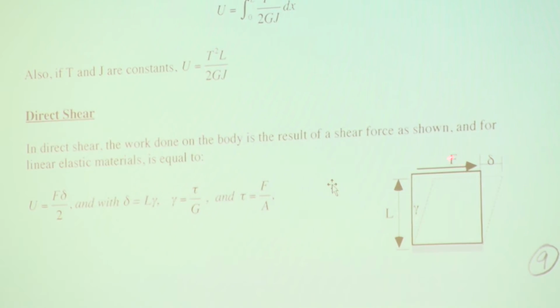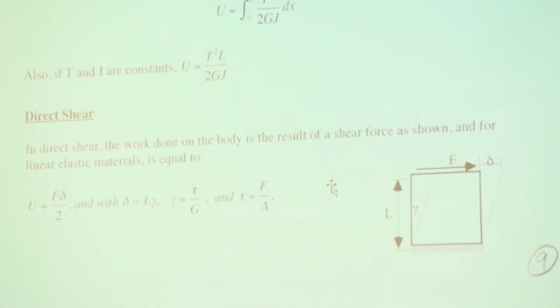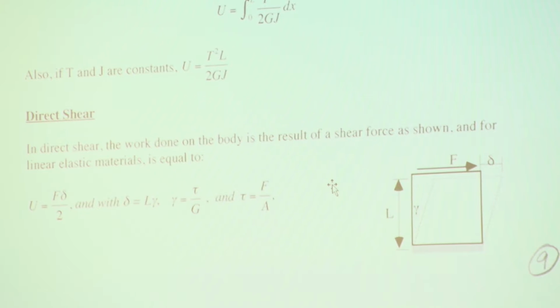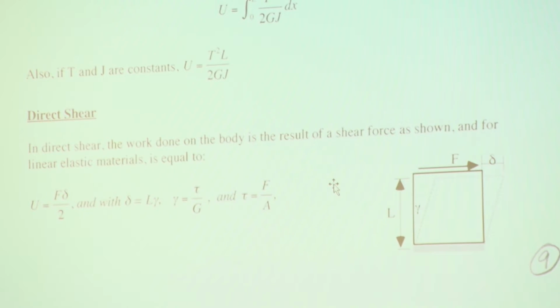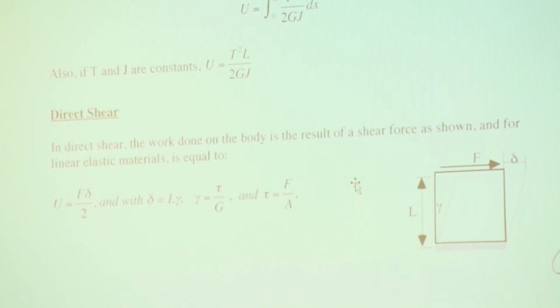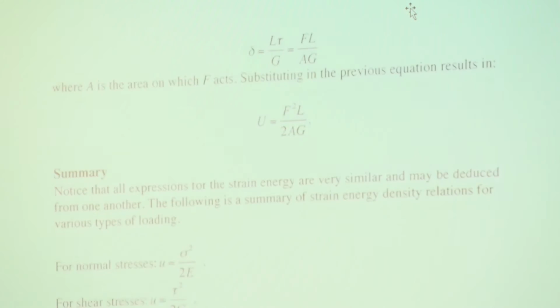Tau is, however, F over A. The shear stress there on that surface is a constant. It's not a variable anymore. A is the area on which the force F acts. So we substitute that into the equation for the strain energy.